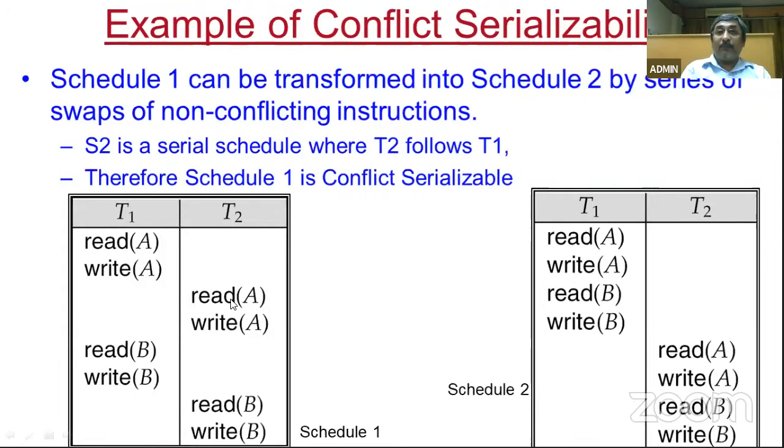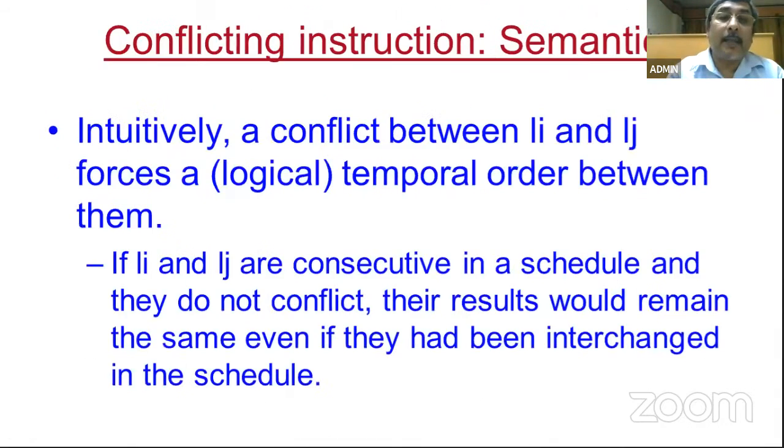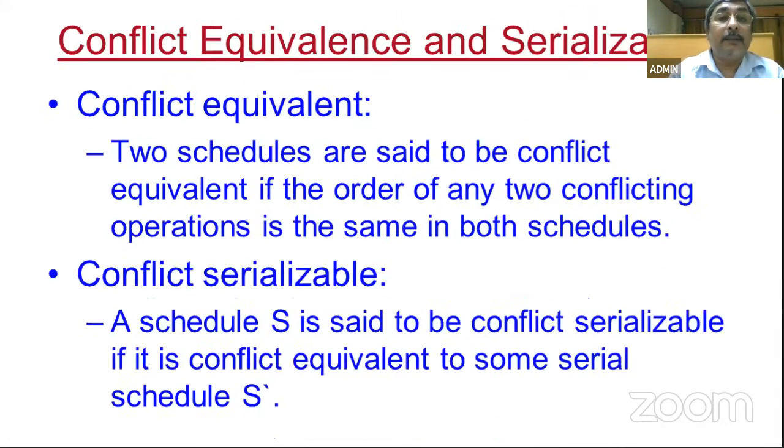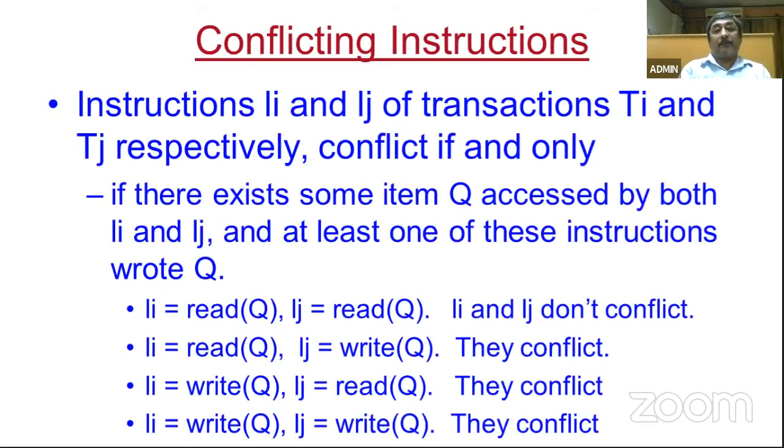Whatever way I schedule T1, T2, I have to obey this particular ordering: after T1 writes this A, only then can T2 read this A, right? We cannot do it otherwise. Similarly, for this read and write, T2 has to read this A and then write this A. This ordering is important, and these orderings are captured in a formal manner as conflicting instructions.